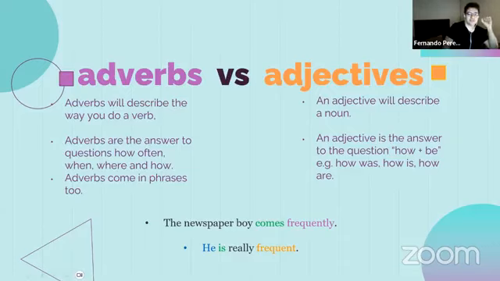Of course, the word frequently looks and sounds very similar to the word frequent, but they are always different. So today, what we are going to do is to talk about the construction of adverbs and the difference between them versus adjectives.